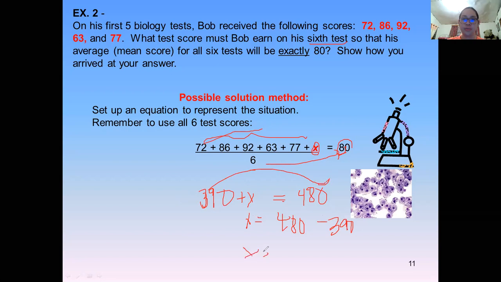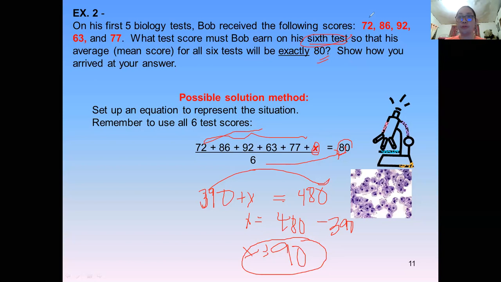So your x now becomes the value that you need to get in order to get an average of 80, which is what? 90. So Bob must get a 90 grade score in his 6th test so that he can have an average of 80 in his mean score.